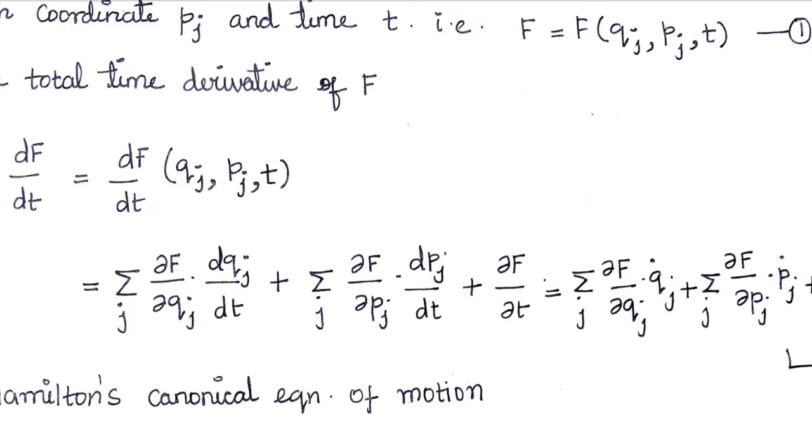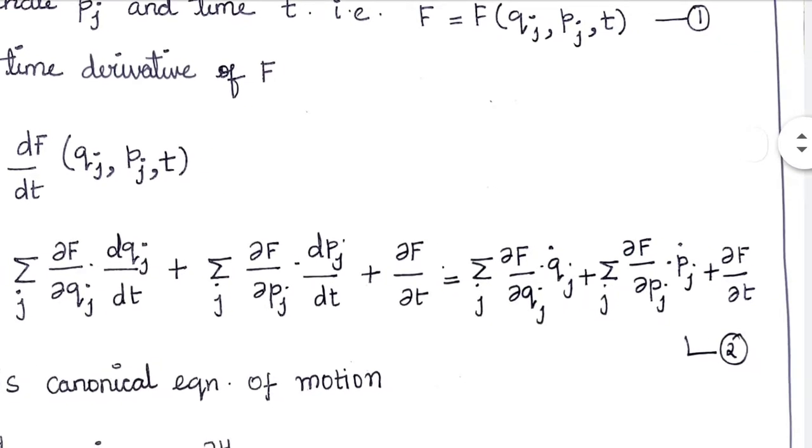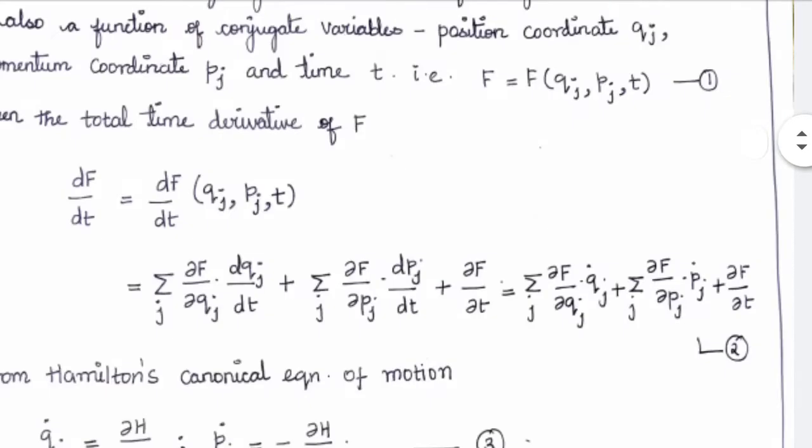We know in classical mechanics this dqj by dt, one time differentiation, can be replaced by qj dot. So this equation can be written as summed over j dou f by dou qj into qj dot plus summed over j dou f by dou pj into pj dot plus dou f by dou t. Let us take this as equation number 2.